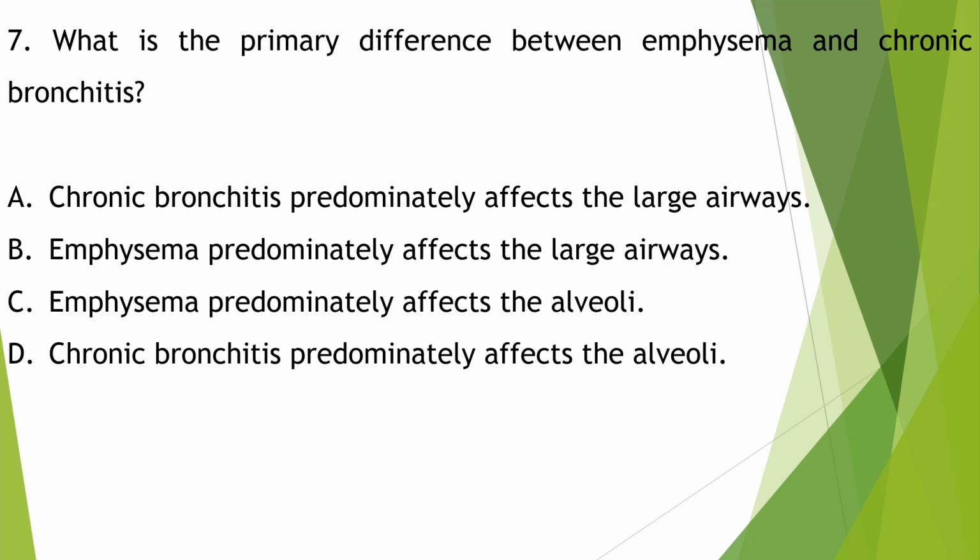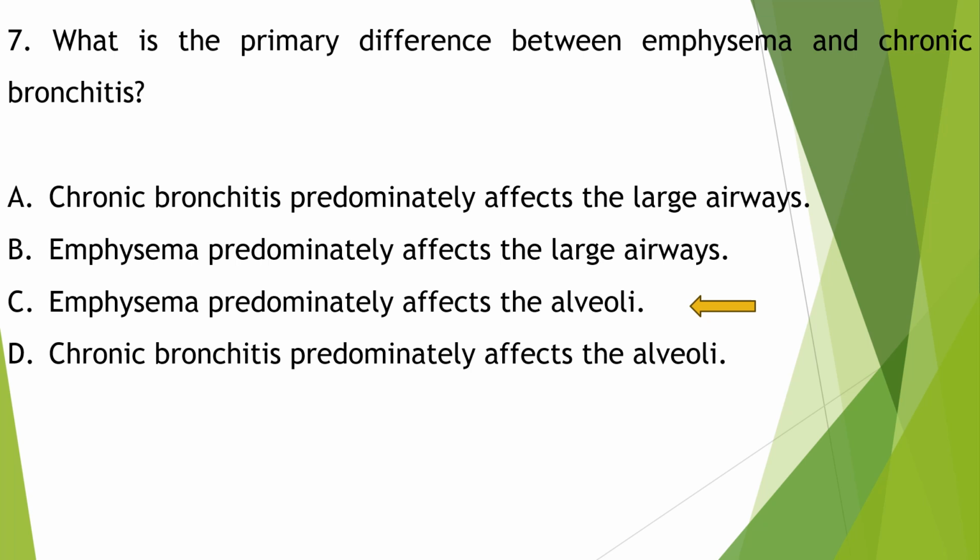Alveoli are affected in emphysema and airways are affected in chronic bronchitis, especially small airways. So here the answer is emphysema predominantly affects the alveoli.